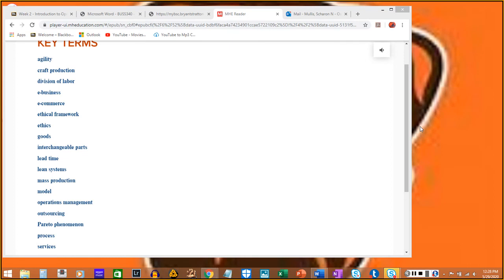E-business, e-commerce, goods, interchangeable parts, operation management, Pareto phenomenon, services, Six Sigma, supply chain, and value added.